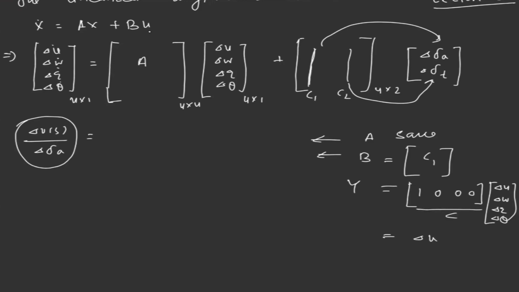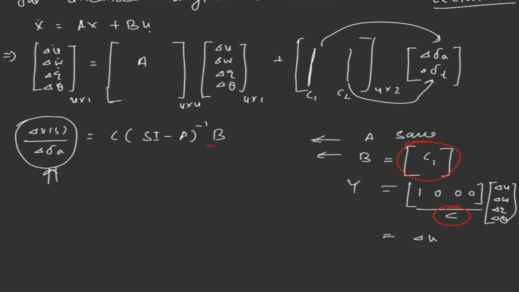Based on this kind of manipulation in the matrices, we can come up with the transfer function, and the formula we can use is C times (sI minus A) inverse times B. In this case we use this C matrix and this B matrix, and the A matrix remains as it is. So this is how we can find the transfer function delta U(s) with respect to delta delta A.